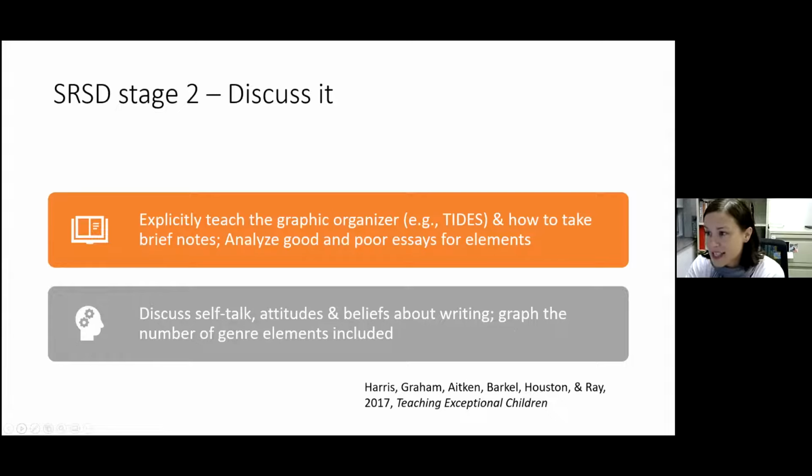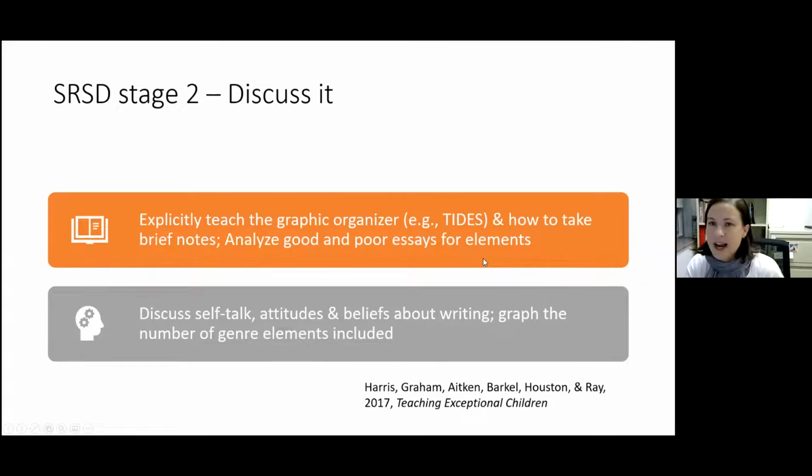Second stage is discuss it. So this is the tangible thing that you see a lot with SRSD, which is the specific strategies of a graphic organizer. So for example, for informational writing, it's TIMES, which is the topic, the ideas, then you have main ideas and supporting details, and then wrapping it up at the end.